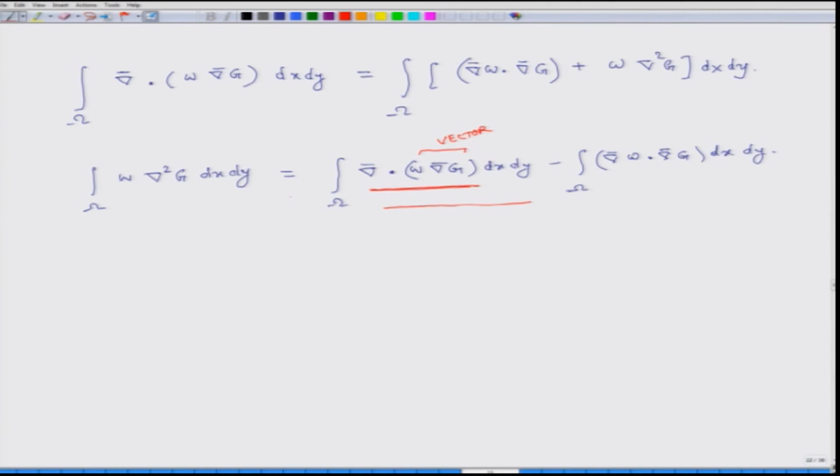The integral of the divergence of that vector is nothing but the boundary integral of this thing, ds, minus, and the left side does not change. So, this is the second equation.